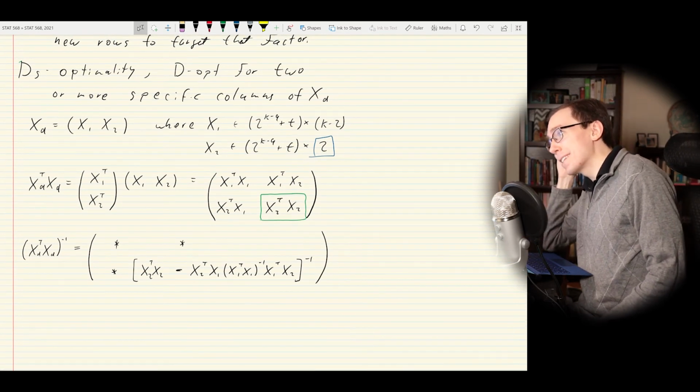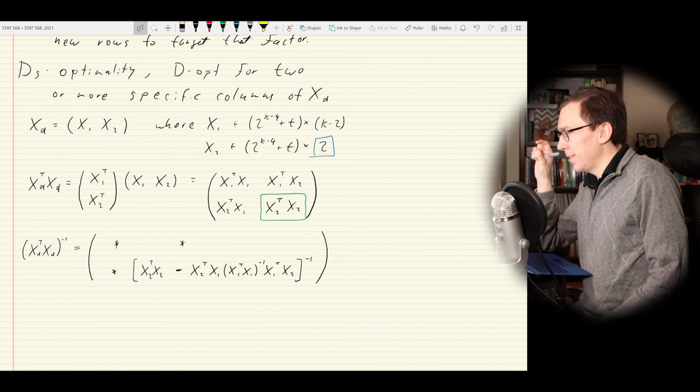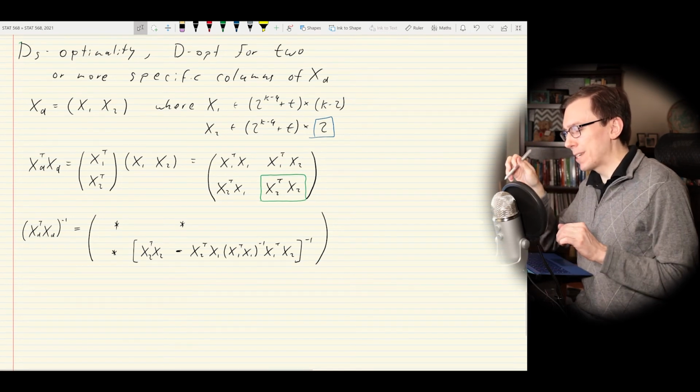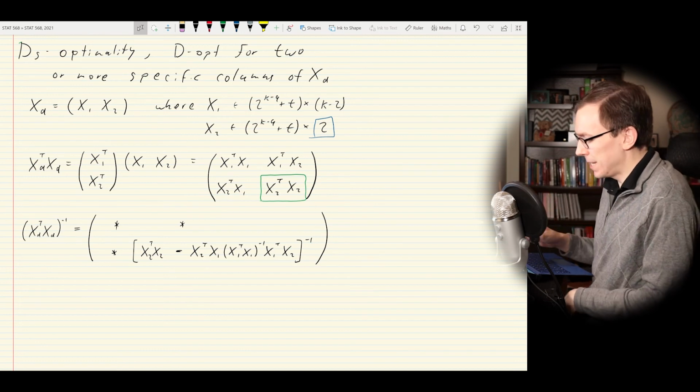But what it means is that we can prioritize our follow-up design to target 2 specific columns.